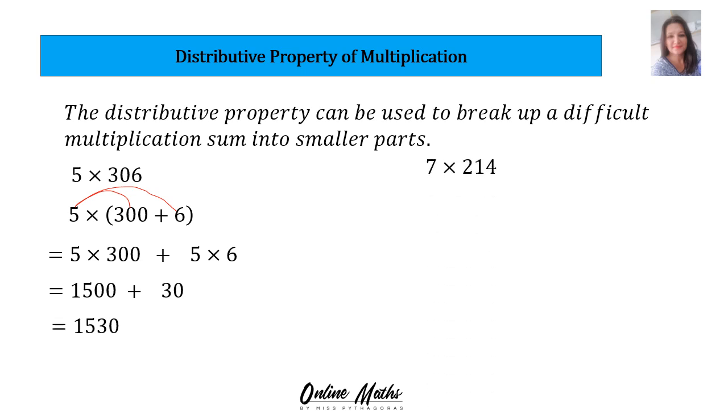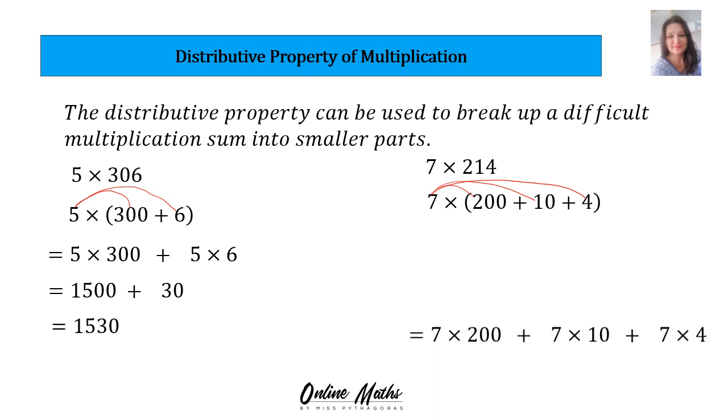If I give you 7 times 214, you can split the 214 into 200 plus 10 plus 4. And then by using the distributive property, you will say 7 times 200, 7 times 10, and 7 times 4.